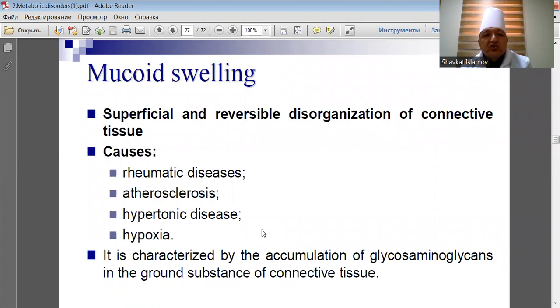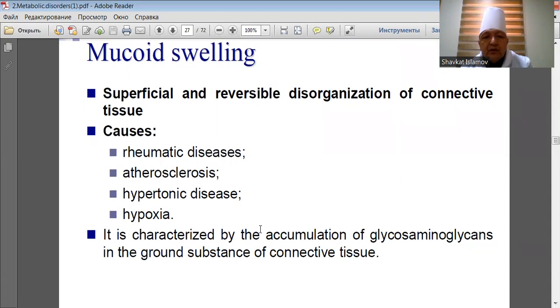Mucoid swelling is a superficial and reversible disorganization of tissue. Causes are rheumatic disease, atherosclerosis, hypertensive disease, hypoxia. It is characterized by the accumulation of glycosaminoglycans in the ground substance of connective tissue.